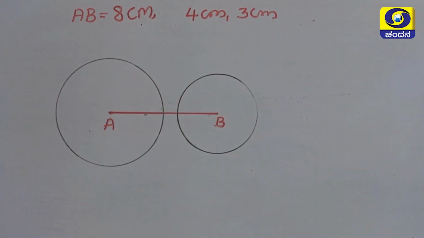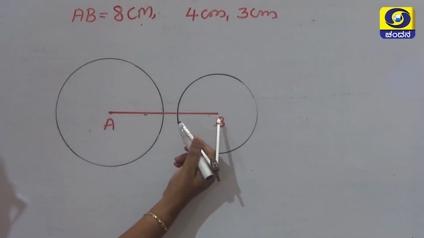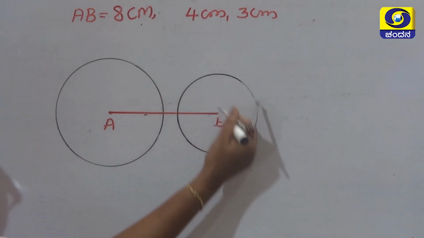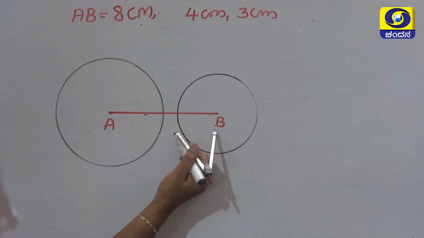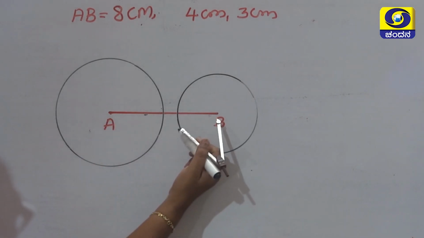Now we have to draw tangents to the circle of center A from the point B. Similarly, we have to draw the tangents to the circle of center B from the point A. To do this, first we have to find the midpoint of this line segment AB.